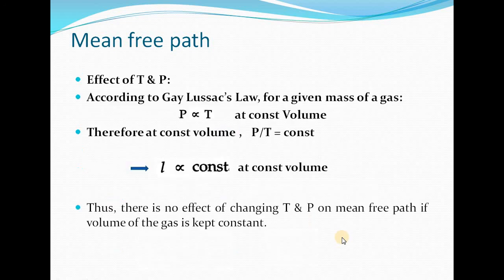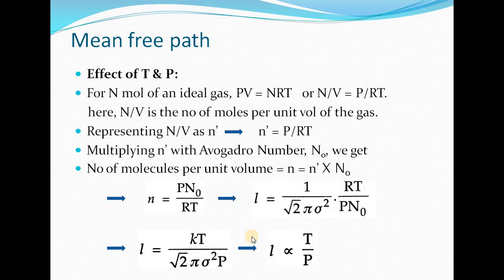So there will be no effect of temperature and pressure on mean free path if we keep the volume of the gas constant. Otherwise, L is directly proportional to temperature and inversely proportional to pressure. On increasing temperature, the mean free path will increase, and on decreasing pressure, the mean free path will increase.